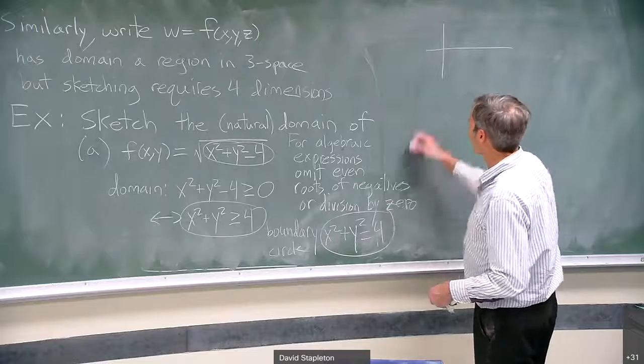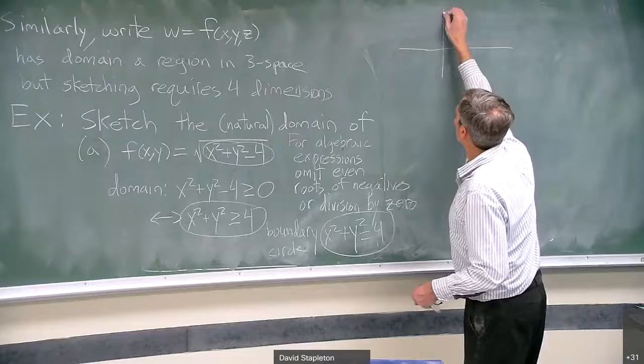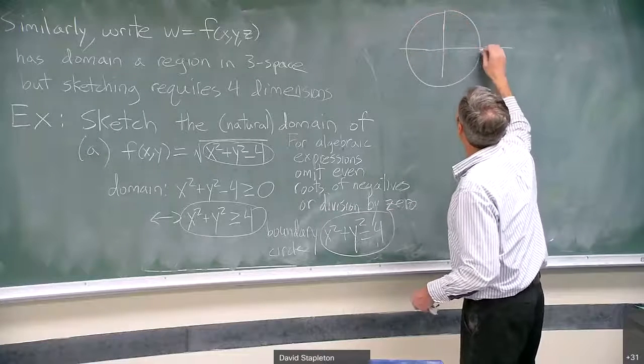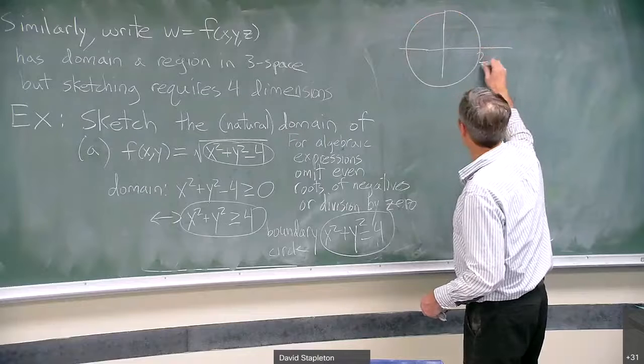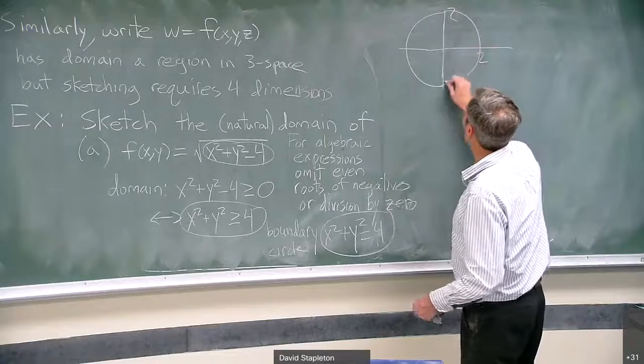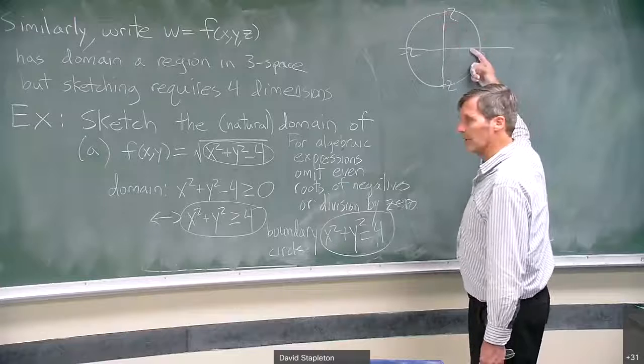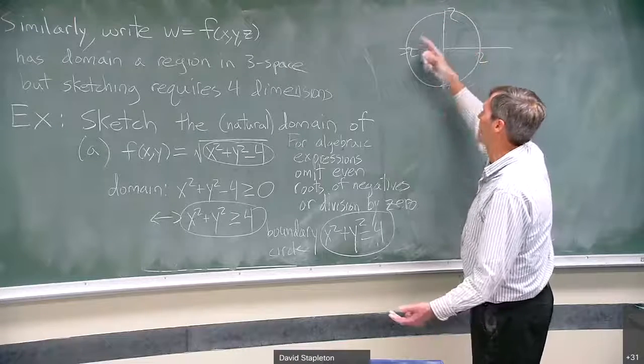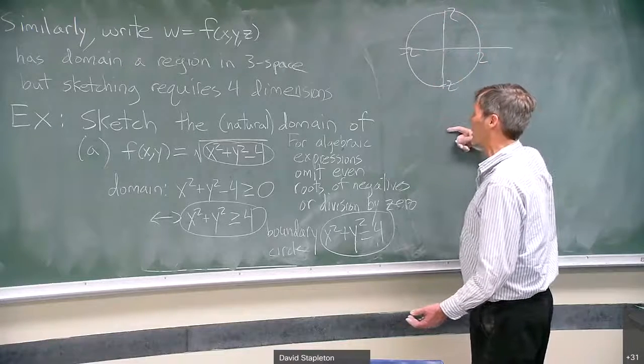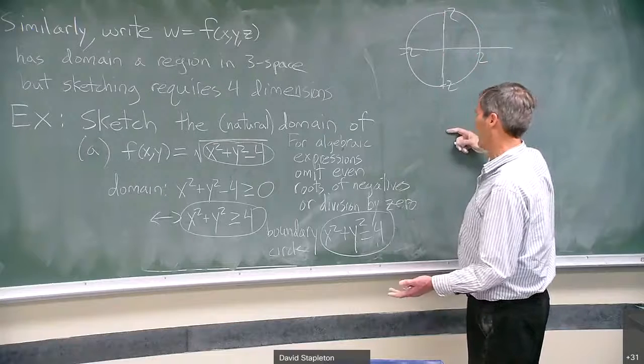It has to go continuously through it. So you sketch the boundary here, the circle of radius 2. And then all the points inside are either in the domain or all not in the domain, and all the points outside are either in the domain or not in the domain, because it's a continuous function, right?